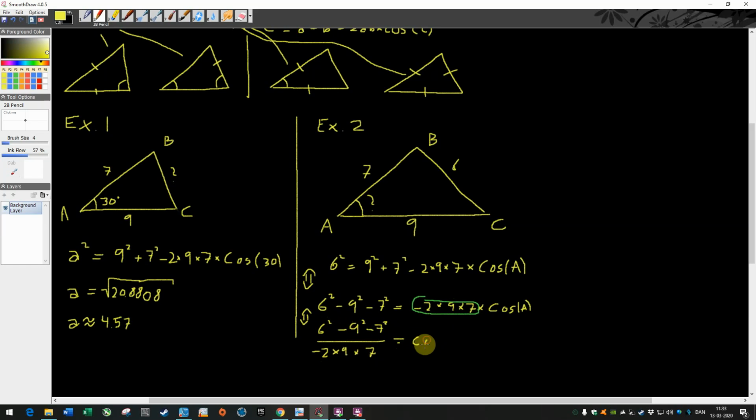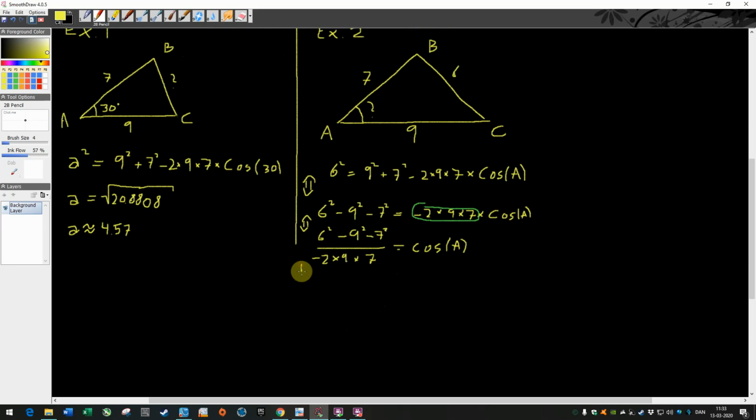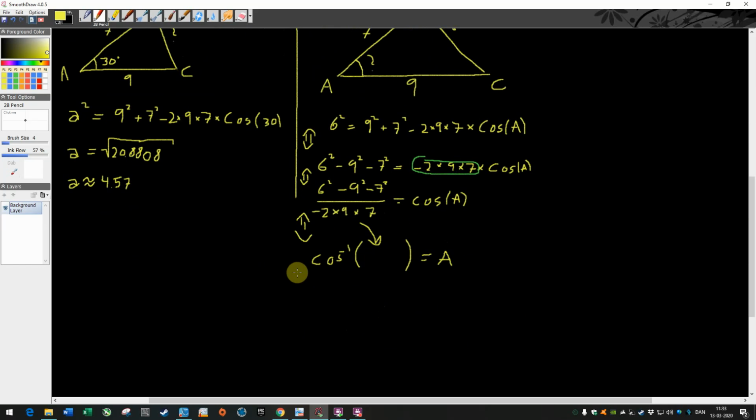And then you take the inverse function of cosine on both sides. So to that fraction, that is equal to A. Is it okay if I write it like that? I hope you understand, it is just not to waste too much time. Then we put it into a calculator.